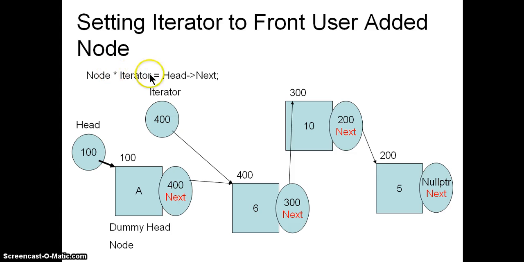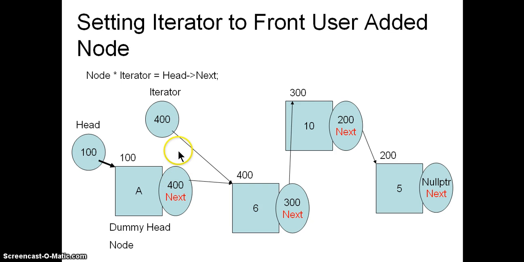And so first operation we do is we create a pointer called iterator. You can also call it current, and make it point to where next field of that node is pointing, which is pointed to by head. So head pointer points to this dummy head node, and the next field of that stores 400.